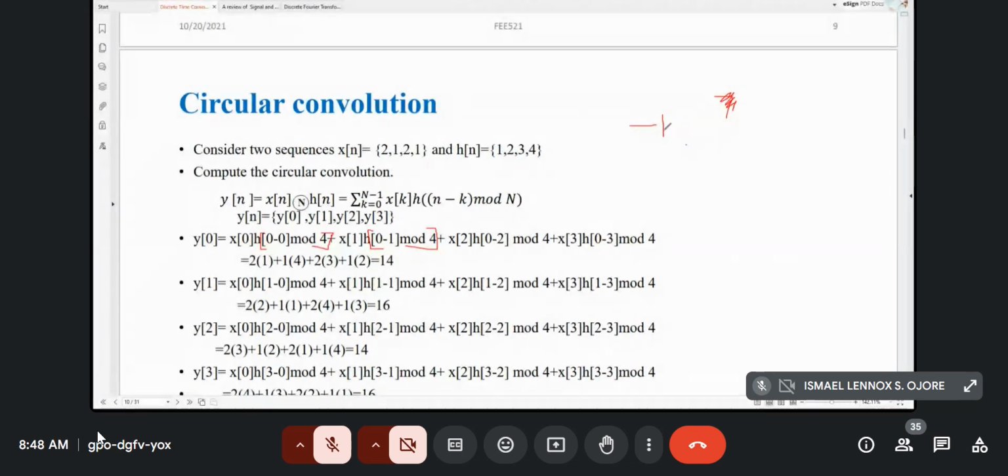For the negative numbers, I'm trying to remember the modular of negative numbers. It should be the number that divides. We're looking at 4.